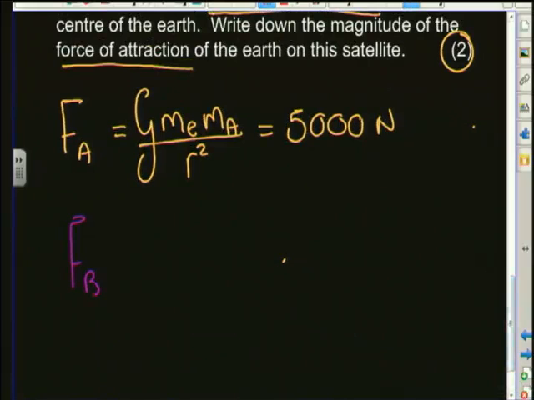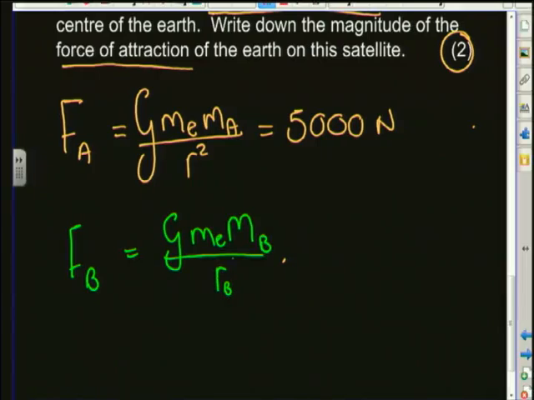Force of B. Force of B means it's going to be G, mass of the Earth, mass of B, over radius of B squared. Okay?